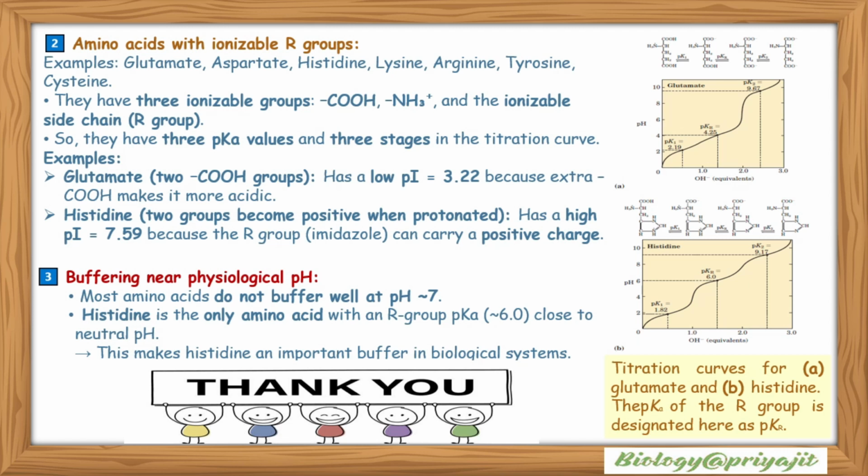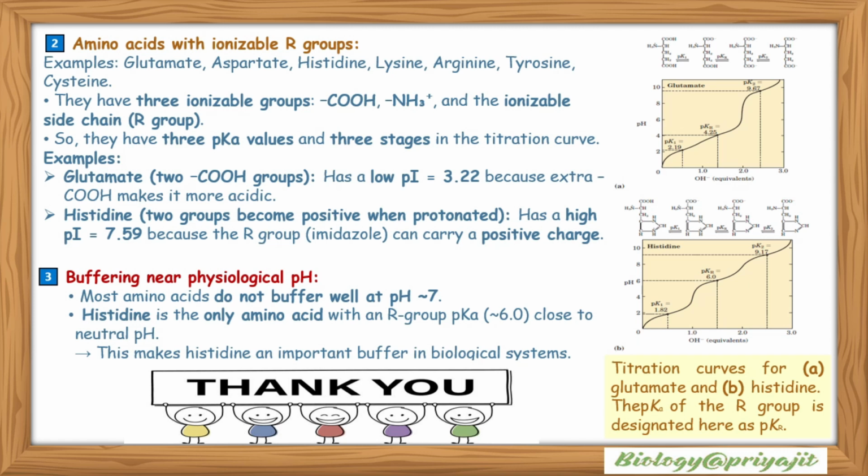So to sum up, the electrochemical properties of amino acids reveal how these tiny molecules respond to changes in pH and how their charges shift in different environments. Understanding concepts like pKa, buffering zone, and isoelectric point helps us predict amino acid behavior inside cells, in proteins, and even during laboratory techniques like electrophoresis.